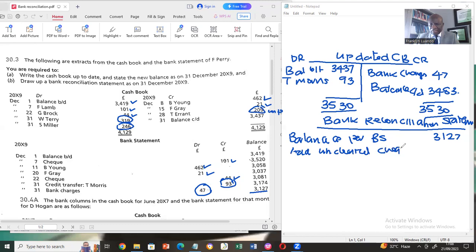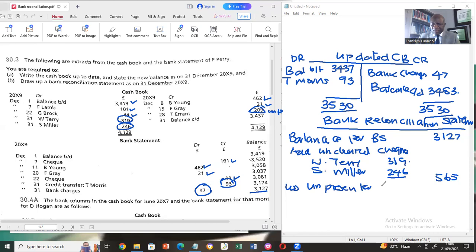The uncleared checks. There we have W Terry, that is 319. Then S Mira, 246. Total 565. Then less unpresented checks.